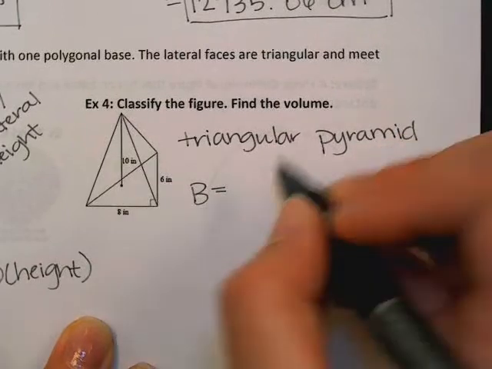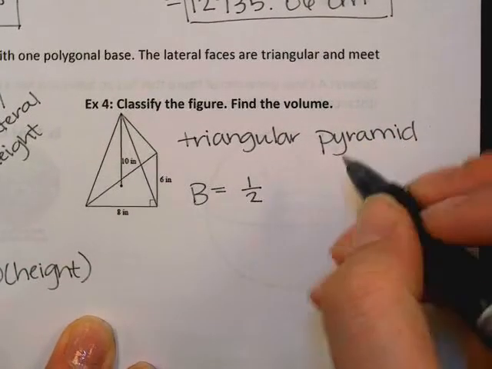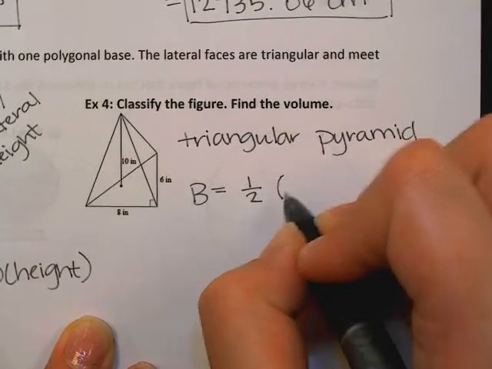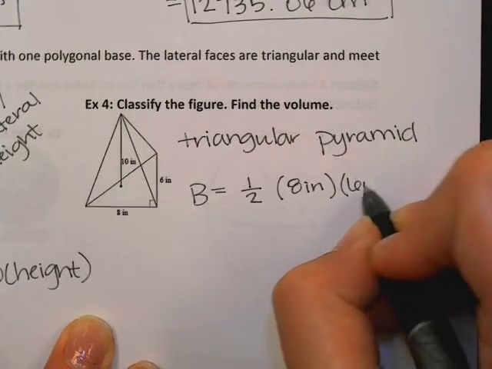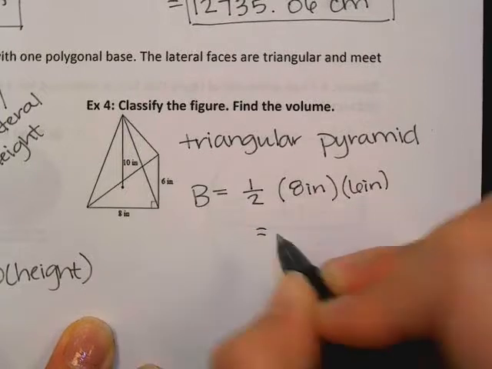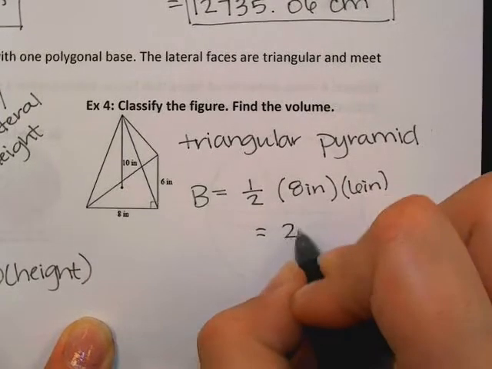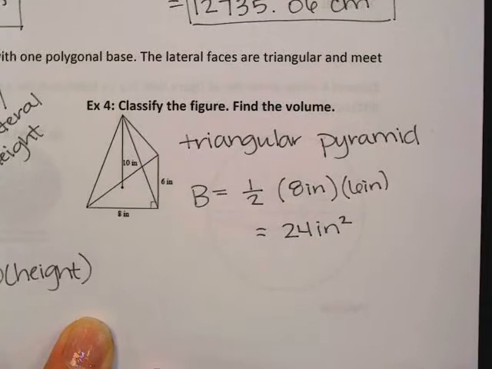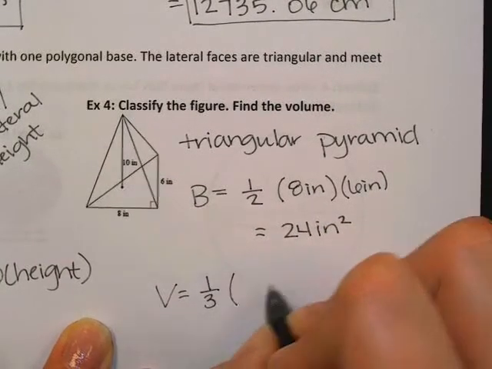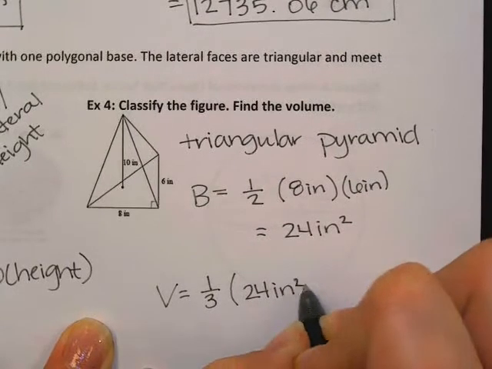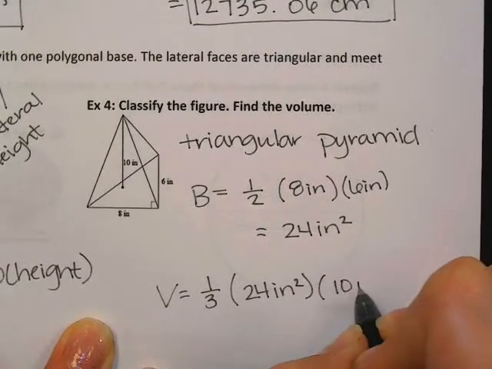And so my area for the base would be 1/2 times 8 inches times 6 inches. And so the area of the base is 24 inches squared. And then that would mean that the volume is 1/3 times 24 inches squared times the height of 10 inches.